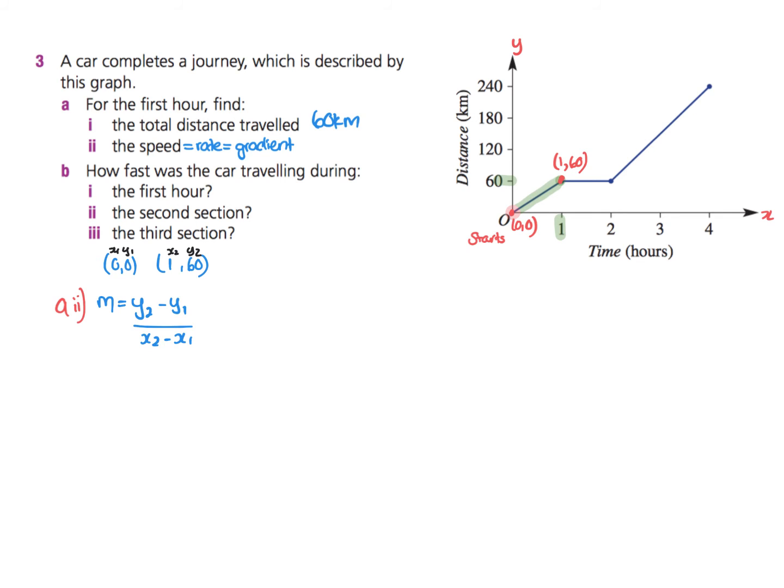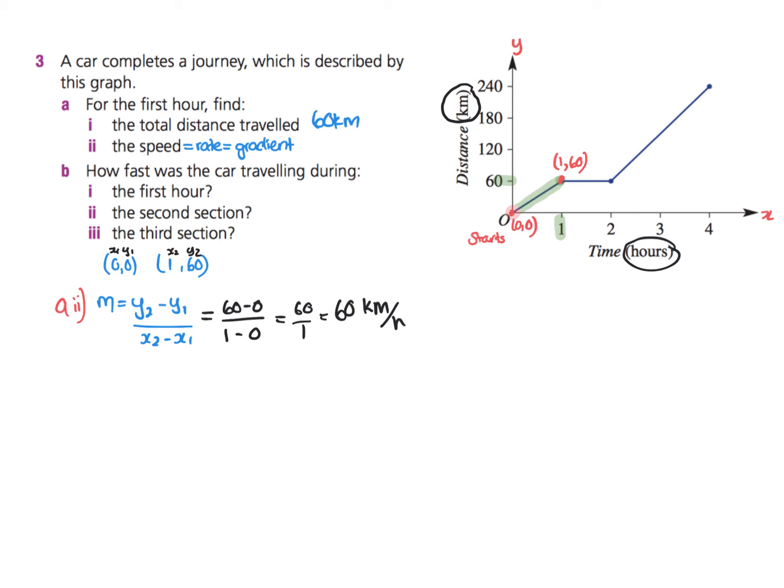The gradient is 60 minus 0 over 1 minus 0, so it's 60 over 1. Its gradient is 60. Because it's a speed, we write kilometres per hour, and there we've found the speed.